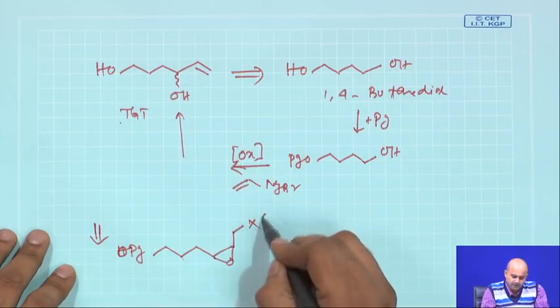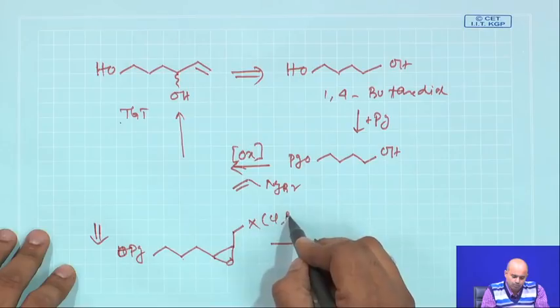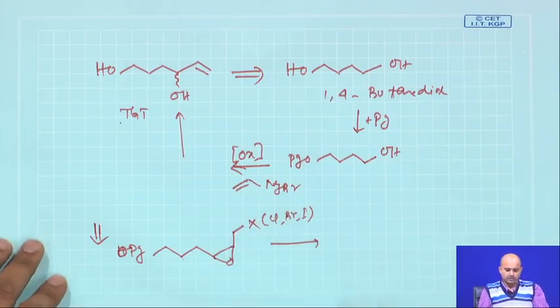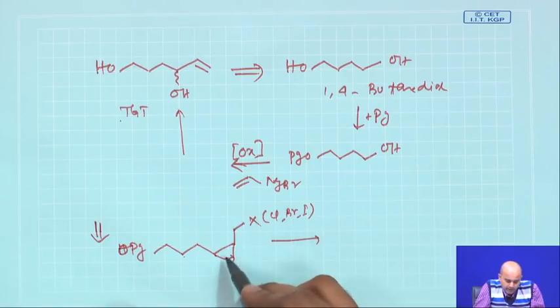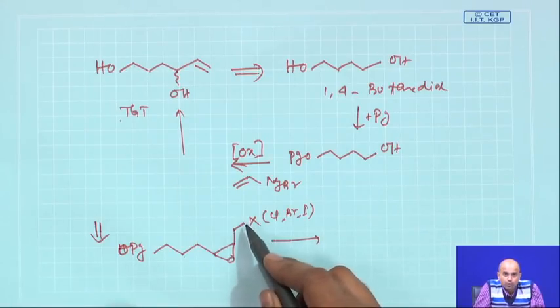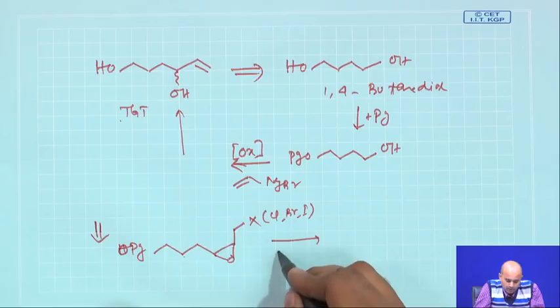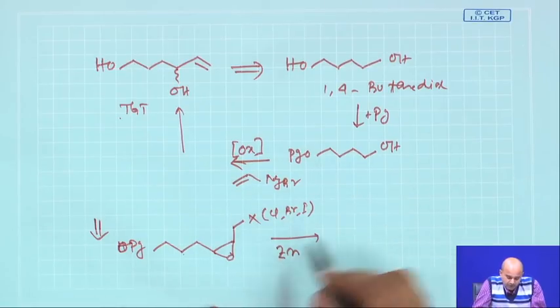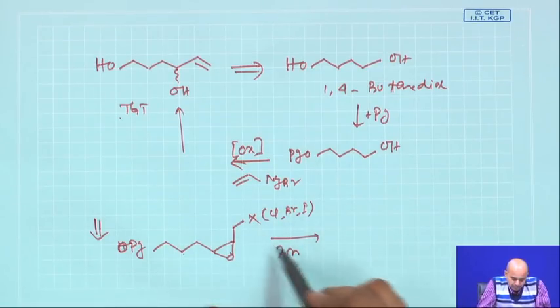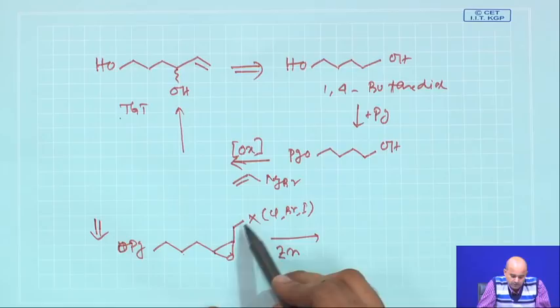Say X is chloro, bromo or iodo, and there is a very nice, interesting reaction. If you take this kind of epoxy chloro or epoxy bromo compound and react it with simple metallic zinc, it has been found that the zinc reacts with this epoxy chloro or epoxy bromo compound, and normally it gives you a radical species here.